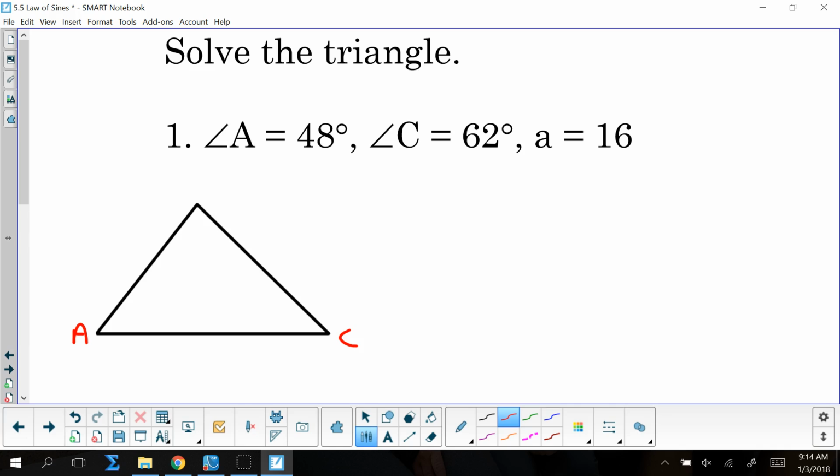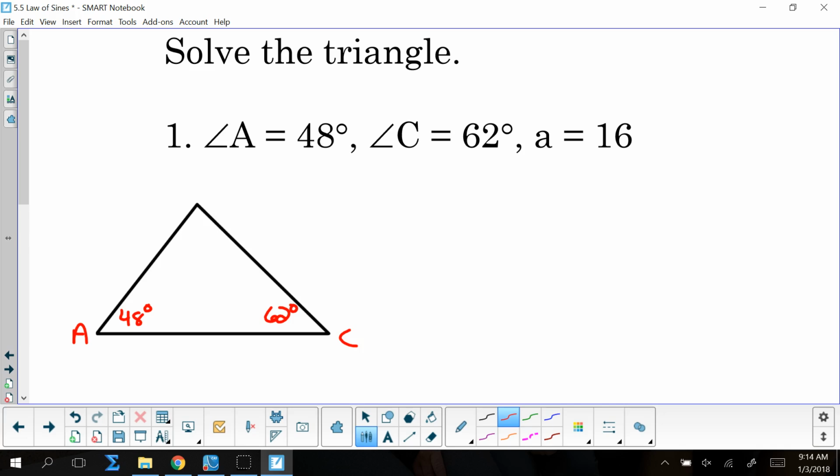If you wanted to put angle A at the top and angle C on the left, that's fine. Doesn't matter where you go, okay? But angle A is locked in at 48 degrees. Angle C is locked in at 62 degrees.